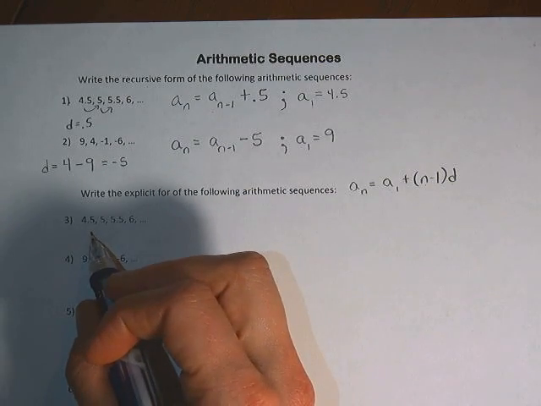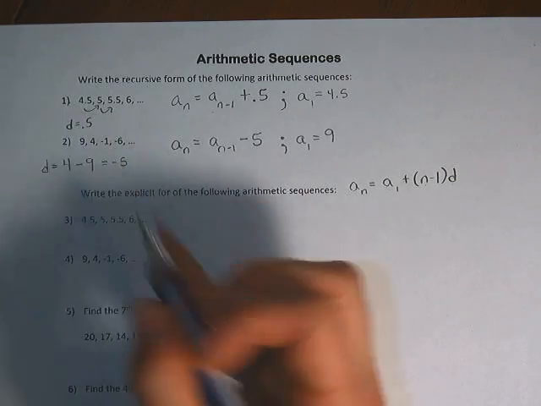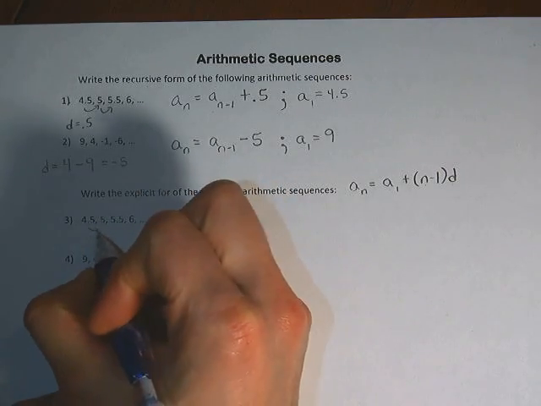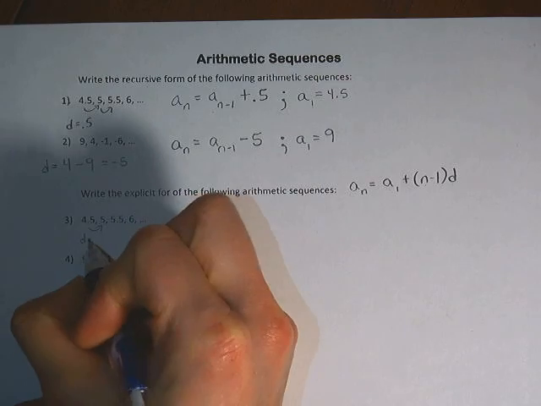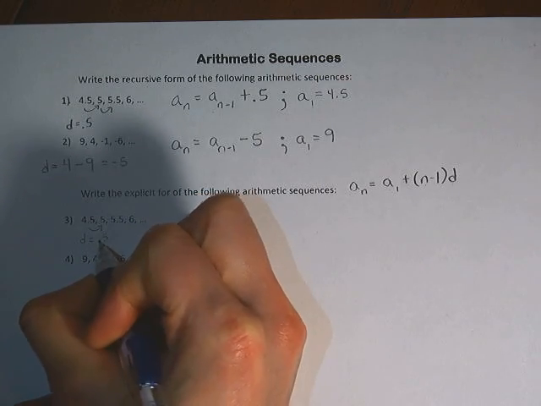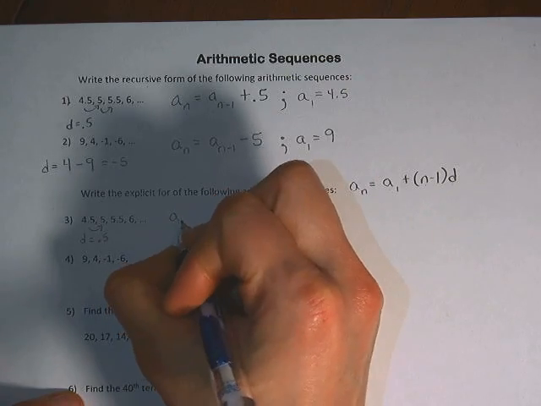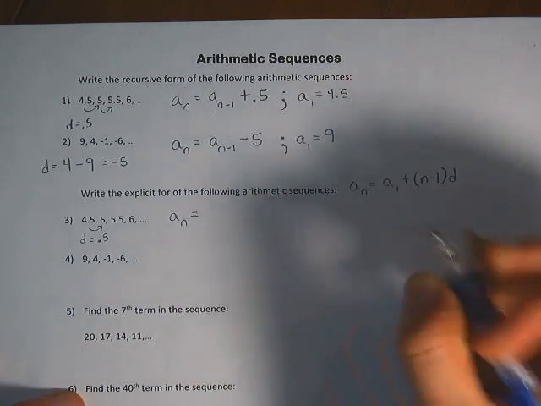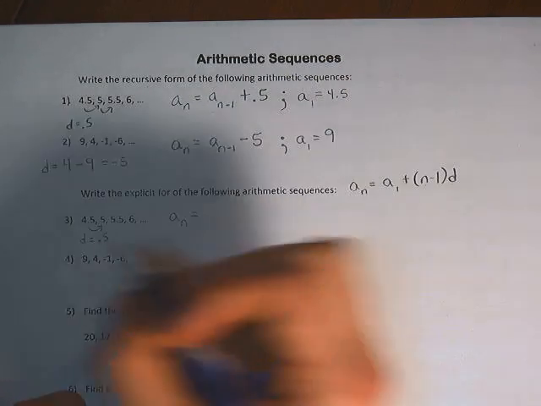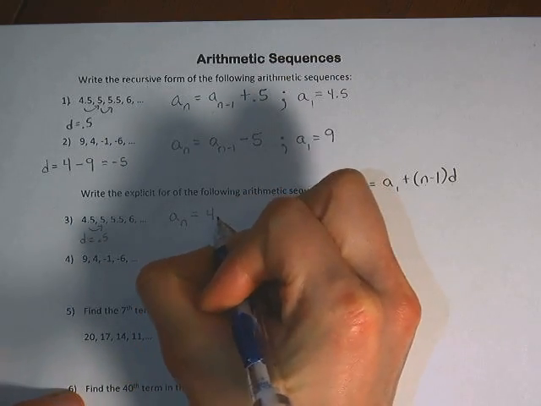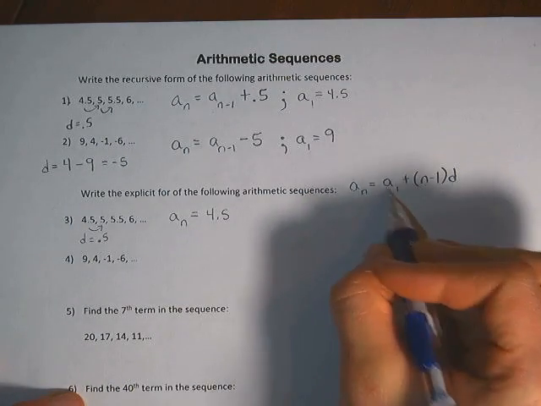So like for this sequence, this is the same one we did before. The pattern, the common difference, was 0.5, so we already know that. And then when we're writing the explicit form, remember I said you leave the a sub n the way it is. You have to plug in your first term. So my first term is 4.5. That's where that goes.